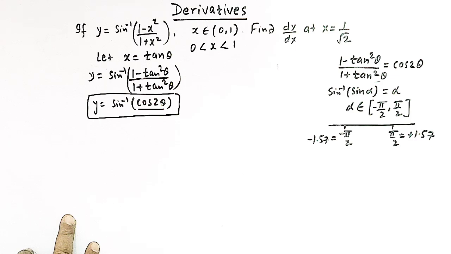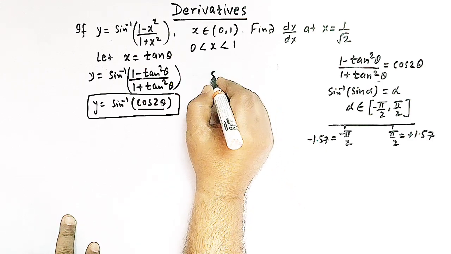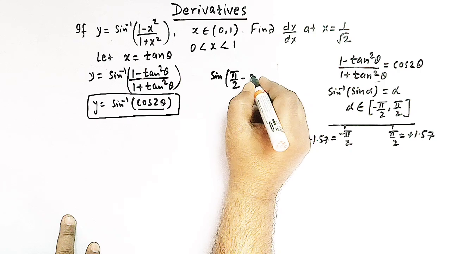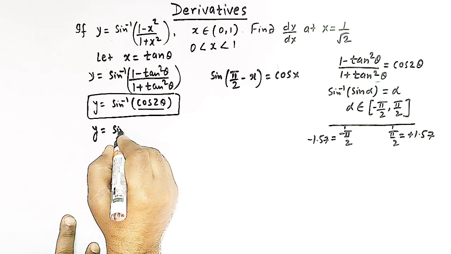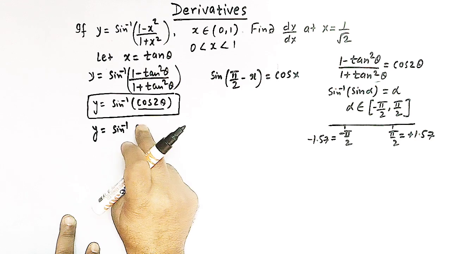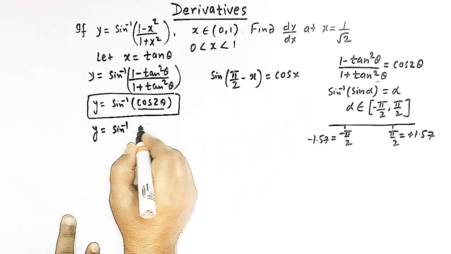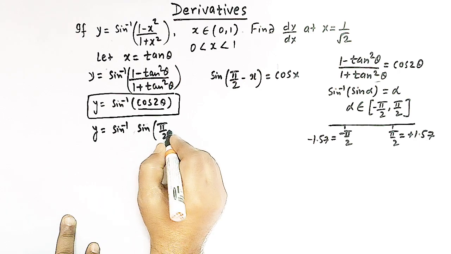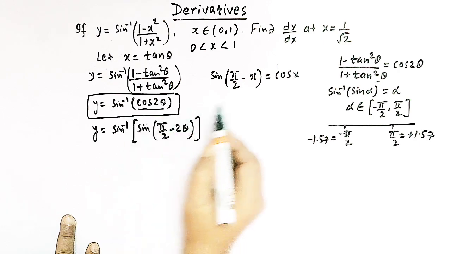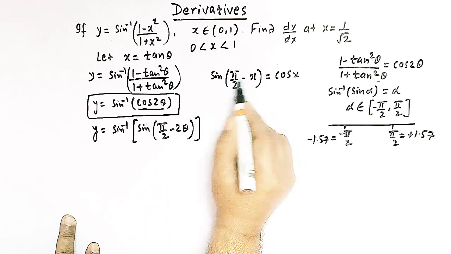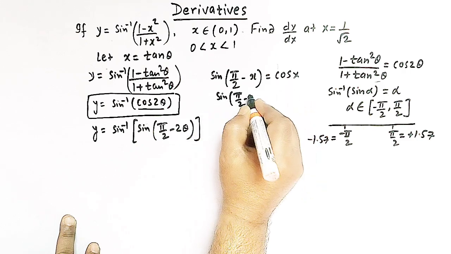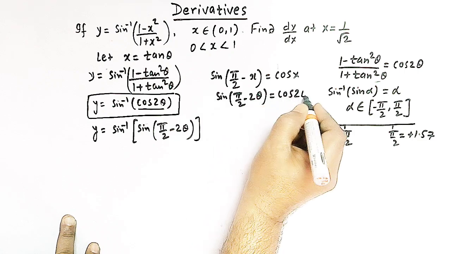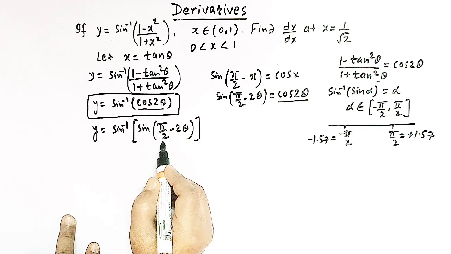We make use of an important identity from trigonometry: sine of (pi by 2 minus x) is equal to cosine x. So we can write y is equal to sine inverse of cos 2 theta, and cos 2 theta can be written as sine of (pi by 2 minus 2 theta), taking 2 theta for x, so that sine of (pi by 2 minus 2 theta) is equal to cosine 2 theta.